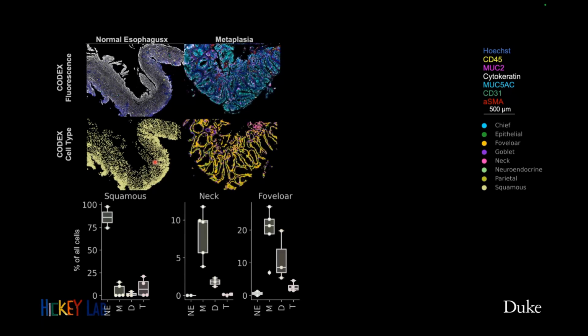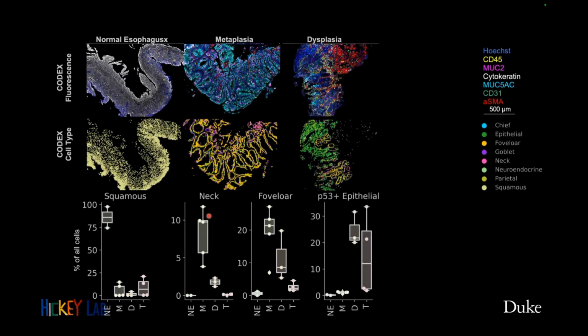Here we can see in the normal esophagus, it's primarily squamous epithelial, as we might expect. And this is also shown in the different cases that we are able to profile. But when we move to metaplasia, you can see the epithelial changes quite drastically and changes into a more intestinal-like state that is characterized here and also quantitatively below. As we move to dysplasia, the epithelial becomes more aggressive.